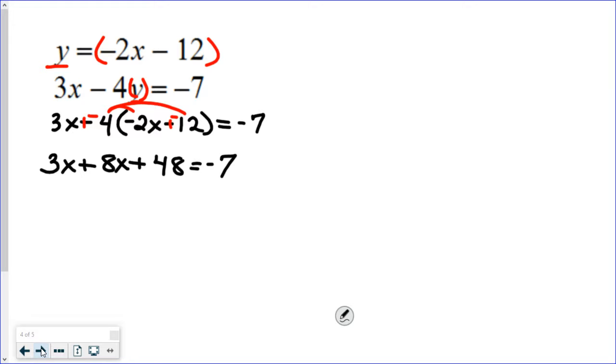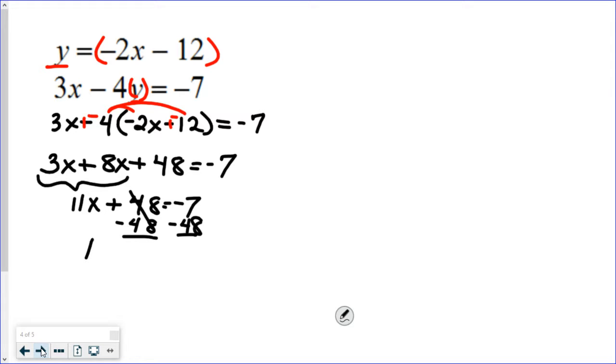Okay, now combine your like terms. That's 11x. And I'm copying the rest down. Okay, minus 48. So 11x equals, taking my calculator out, negative 7 minus 48 is negative 55. And I divide by a positive 11, and that gives me negative 5. And you're like, whoo, not done yet. I need my y.